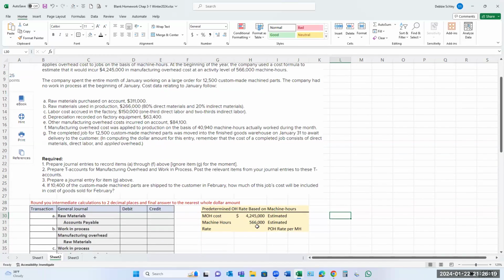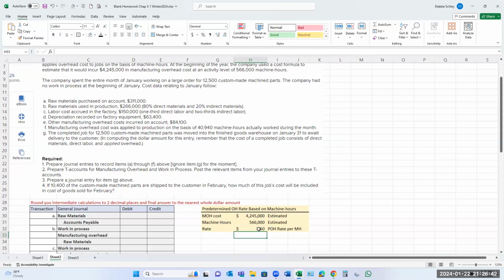So if you remember from previously, now I have the information to figure out my predetermined overhead rate, and that's just simply the estimated manufacturing overhead cost divided by the estimated hours. So that gives me a predetermined overhead rate for this company of $7.50.